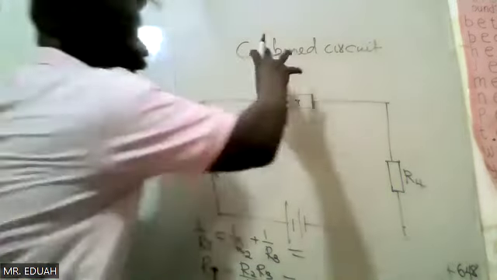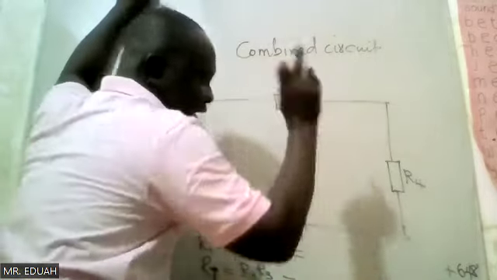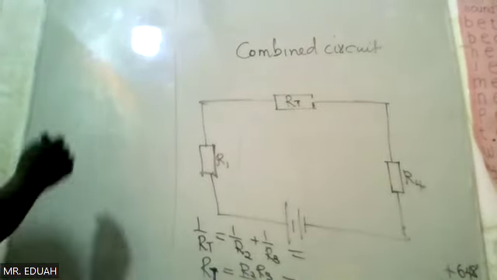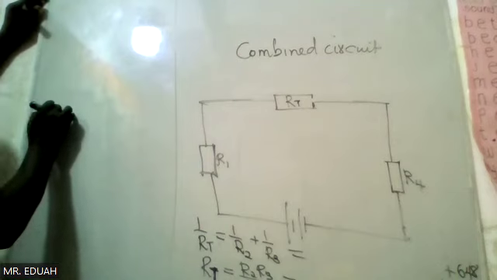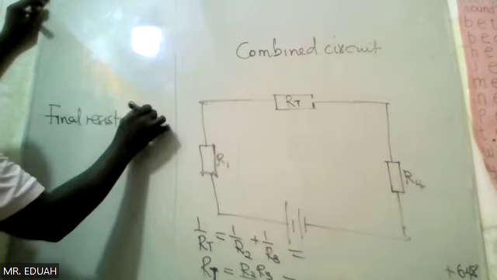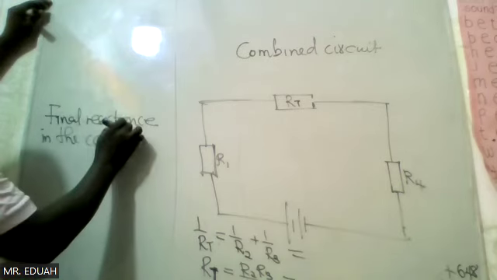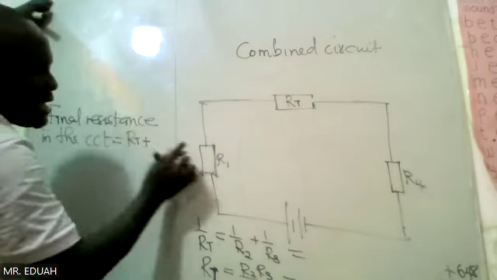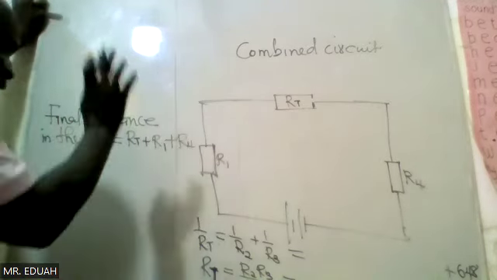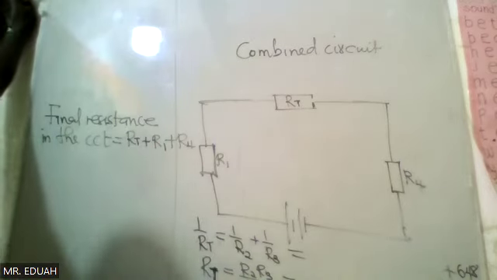It means the equivalent of the two in parallel is now in series with R1 and then R4. So the final resistance in the circuit is equal to RT plus R1 plus R4. This will be the final resistance in the circuit. Please, are we okay?